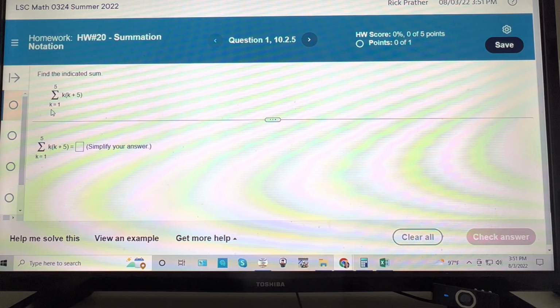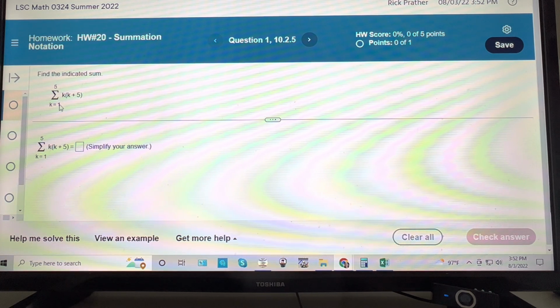And the variable can be anything, but they often do I's, J's, and K's in the middle of the alphabet. So K equals 1, that tells you where to start at. And then the top tells you when to stop. And if you ever got to calculus someday, in calculus they'll actually go to infinity. They won't even stop. But luckily for us, we just have to do 1 through 5.